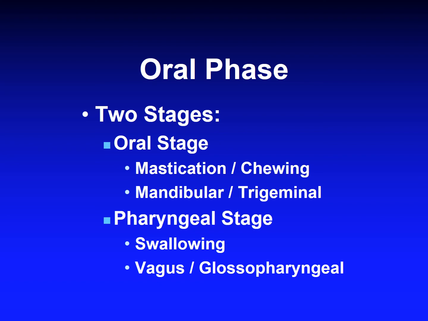Oral stage that does mastication and chewing, and it's controlled by mandibular and trigeminal nerves, and the pharyngeal stage, which is concerned with swallowing this food, and it's controlled by the vagus and the glossopharyngeal nerve. Now, what happened in these stages?